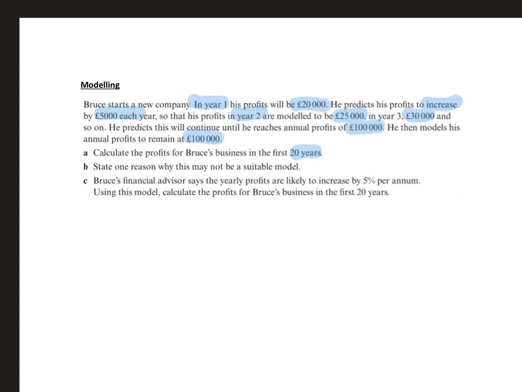Okay, well, let's think. If the first year, so U1, is 20,000, U2 would be 25,000, U3 would be 30,000, etc. And it's going to keep increasing until it gets to a certain year, which I'll call K, where it's 100,000.